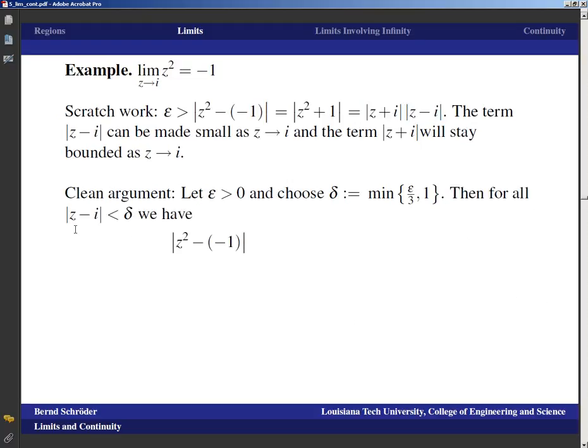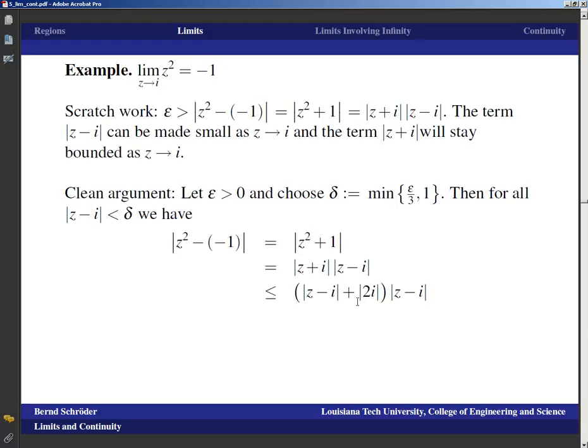Because now for all z so that the absolute value of z minus i is smaller than delta, we have that the absolute value of z squared minus negative 1 is the absolute value of z squared plus 1, which is the absolute value of z plus i times the absolute value of z minus i. You notice here, and this is not an accident, all the stuff from the scratch work up here is coming back down here.